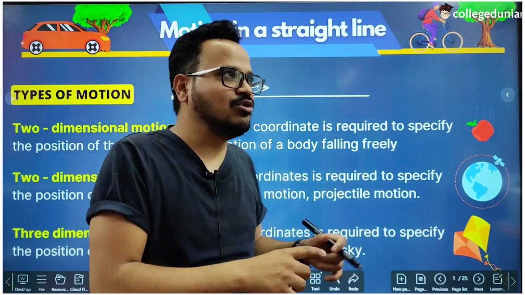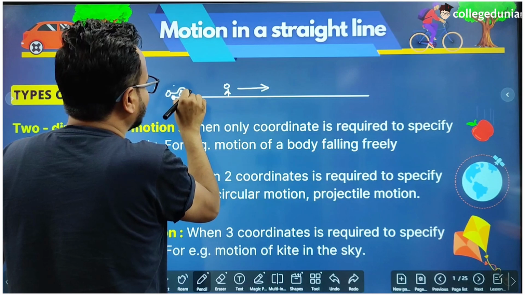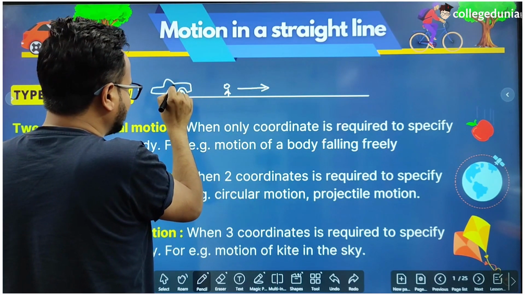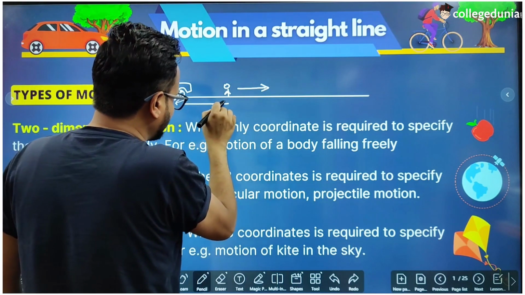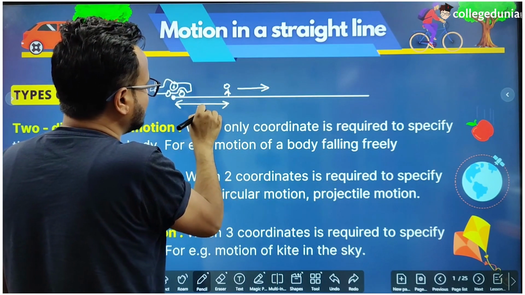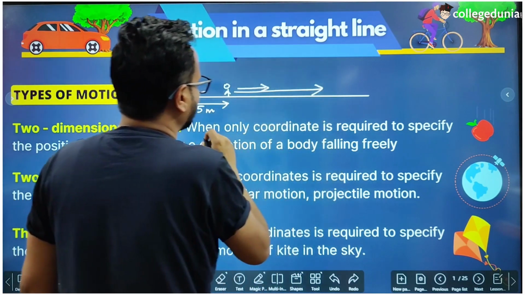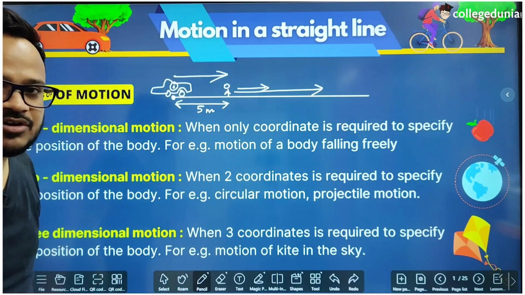because if your origin is moving, like here a car is also moving on this road, and you take this point which is on the car as origin. Now the distance of this person from the car is 5 meters and this person is moving in forward direction and this car is also moving in forward direction with some different speed.